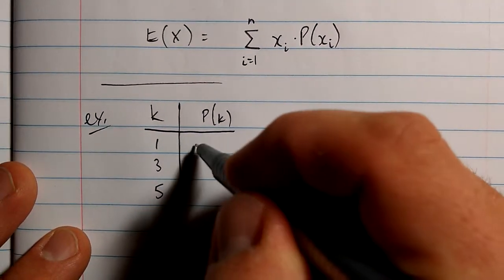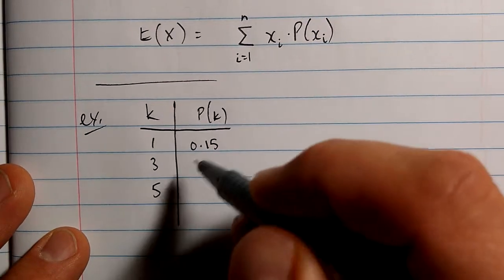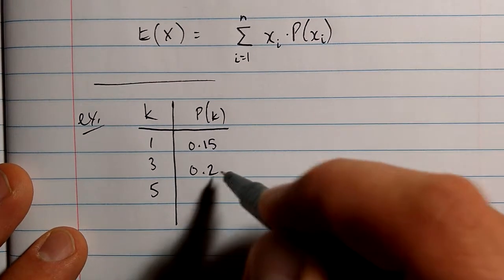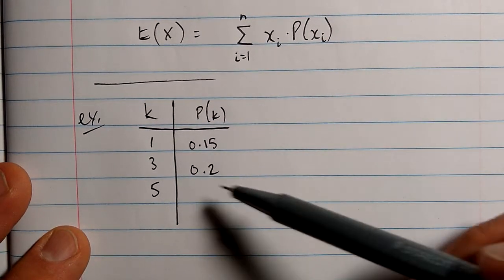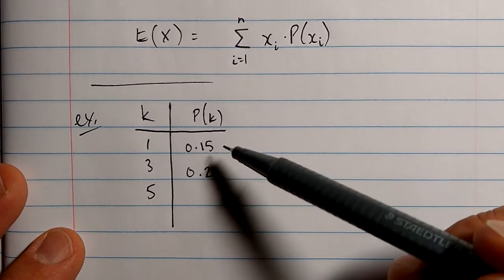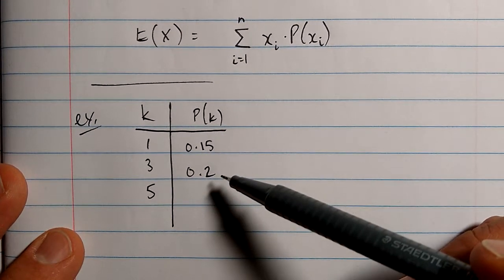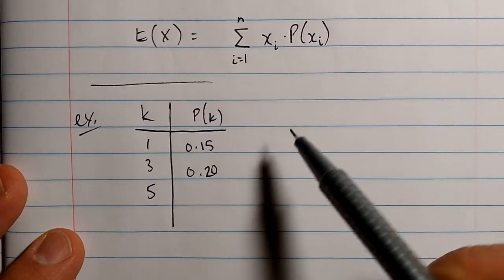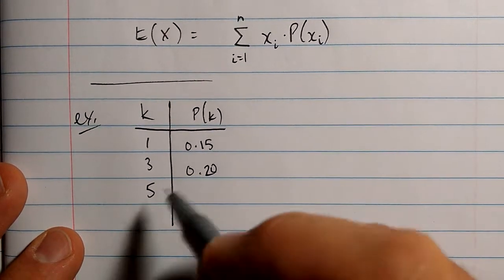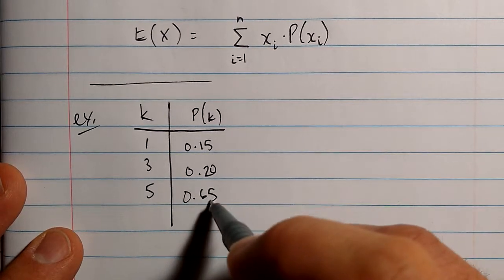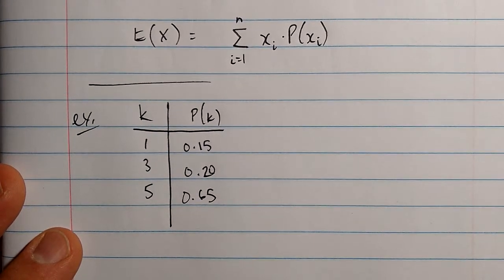That's normal to do. It's not necessary, I guess, but makes it a lot easier to read. Okay, so I'm going to fill in these three values. I haven't filled in the last one yet. The first one's 15%. The next one's 20%, 0.2 or 0.20 is 20%. That's 35 altogether, which means the last one has to be 65% if it's the final one.